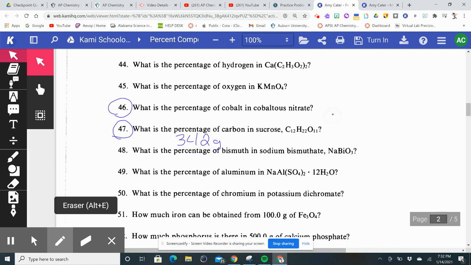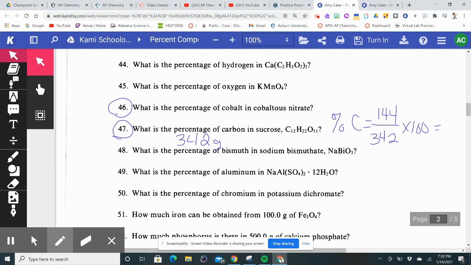I want to know the percent carbon. So percent carbon is going to be 12 times 12 for the carbons, which is 144, divided by 342 times 100. That's 42%. Actually, it's 42.11%.